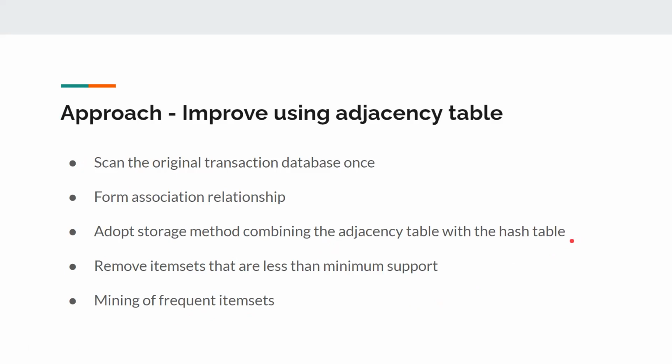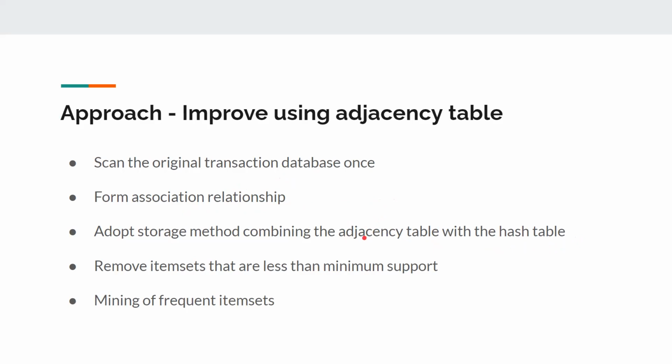Here we'll see an approach to improve FP growth using an adjacency table. First, we scan the original transaction database, but this scan is done only once. After this, we form an association relationship, which can be a complete graph. Then we adopt a storage method combining the adjacency table with the hash table.